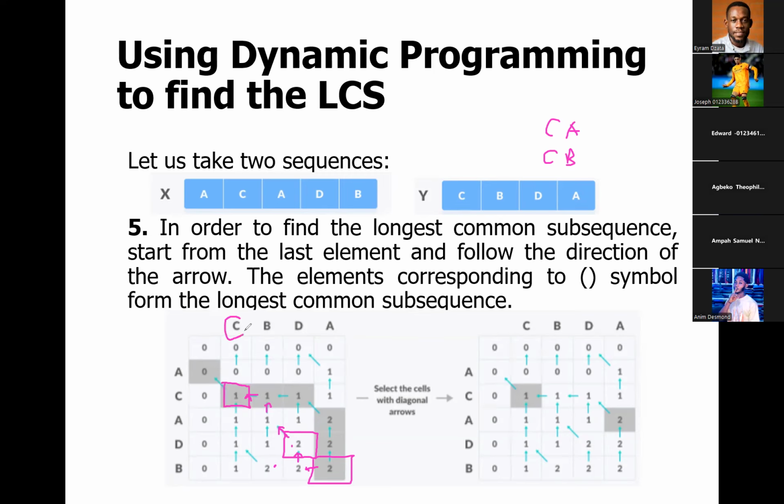So first this one here will give you the D. Then when it goes up, he will end up in this cell, CC. So that will also give you the CD.